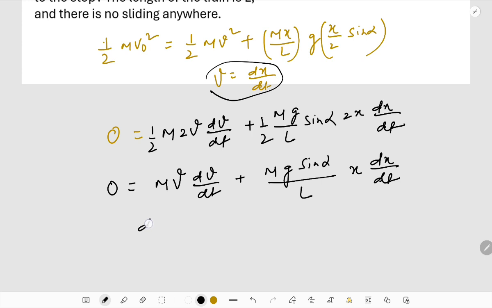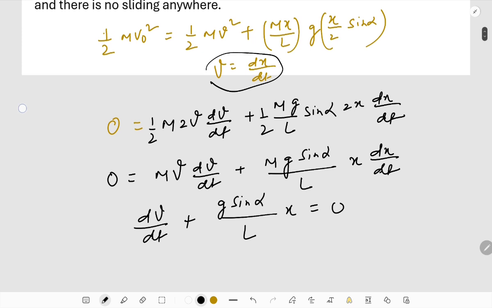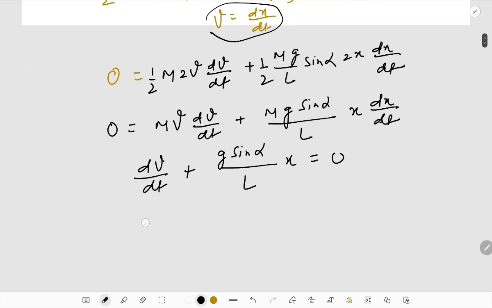So my equation becomes dv by dt plus g sine alpha upon L multiplied by x equal to 0, and dv by dt is of course d2x upon dt square, so d2x upon dt square plus g sine alpha by L into x equals 0.